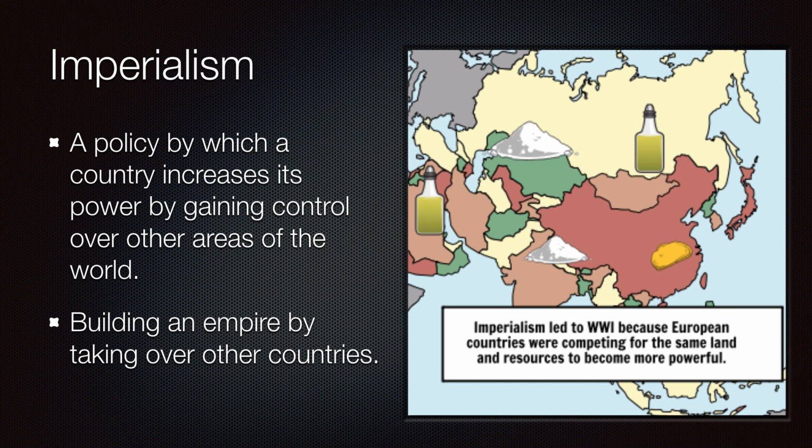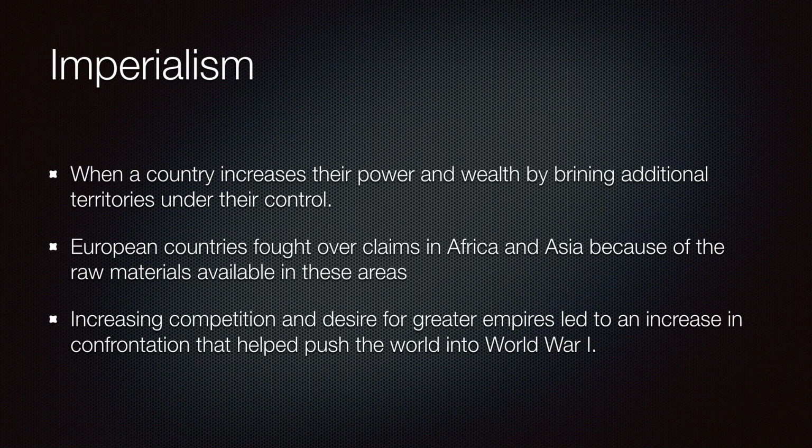And remember our imperialism activity we did with the scramble for Africa, when you were pretending to be different countries and you were shading in the squares to determine what areas in Africa you would have. That is imperialism. So imperialism led to World War I because European countries were competing for the same land and resources to become more powerful.